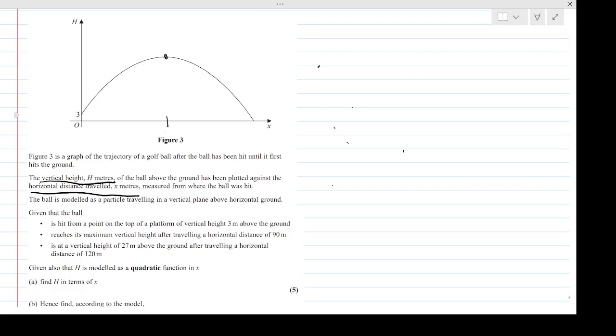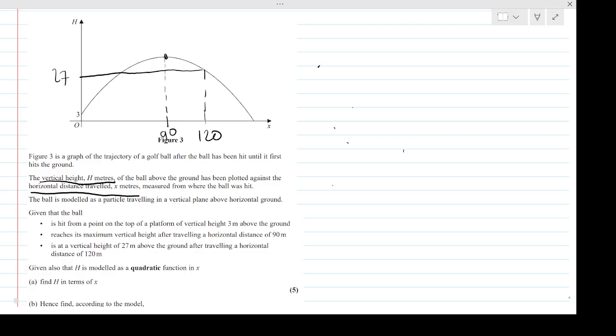So the horizontal distance is 90. So that's going to be that, but it's not told us what this height is, just that the maximum is at 90. And it is at a vertical height of 27 after it reaches a distance of 120. So 120 may be there, for instance. I don't know where. So that's 120, and so that's going to be a height of 27.